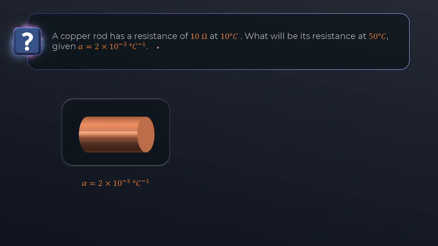The question is: copper has a resistance of 10 ohm at 10 degrees Celsius. What will be the resistance at 50 degrees Celsius? And alpha is given. In the last video, we had seen that resistance varies with temperature as R equals R naught into 1 plus alpha delta T, where R naught is the given resistance at the given temperature, alpha is the thermal coefficient of resistance, and delta T is the change in temperature.